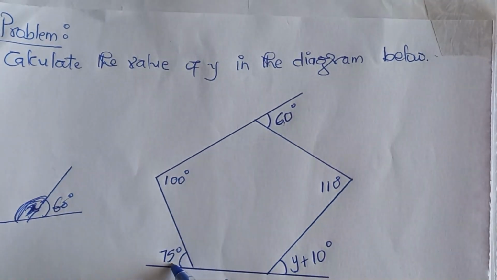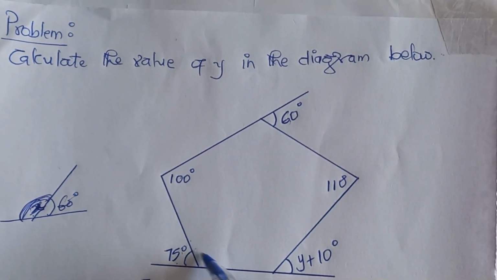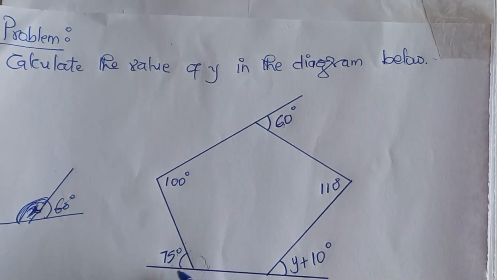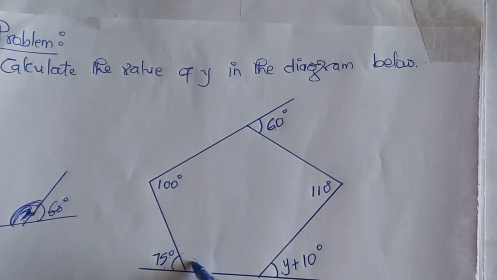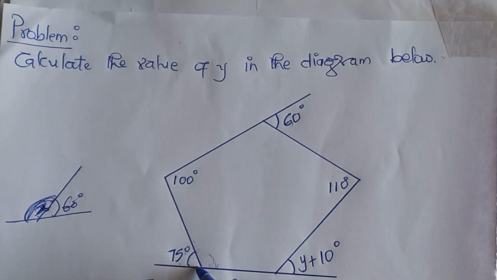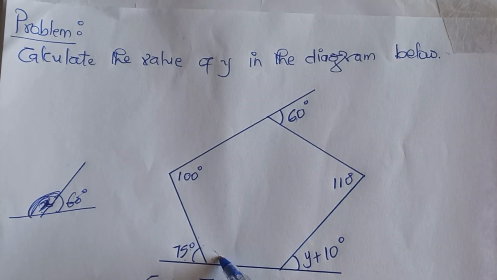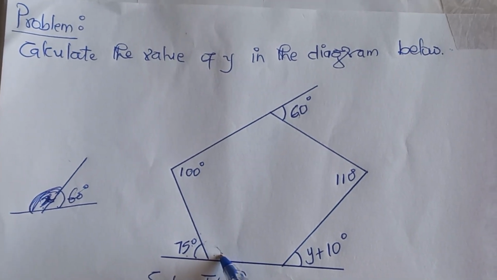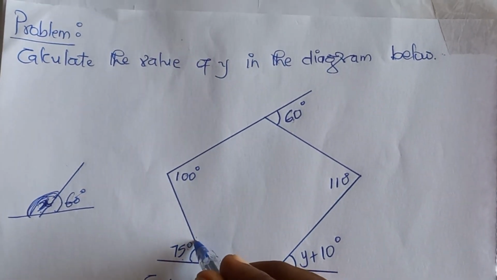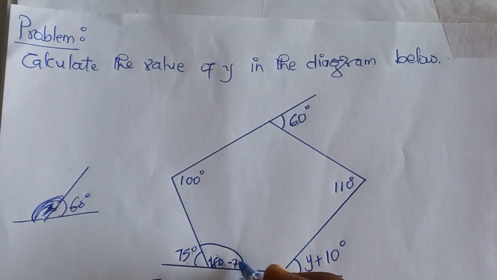And also the 75 degrees and this portion form supplementary angles. You can see that it's on a straight line. So we can subtract this 75 degrees from 180 to get the interior angle here. So this portion is 180 minus 75.